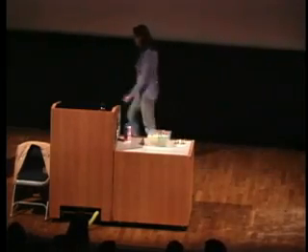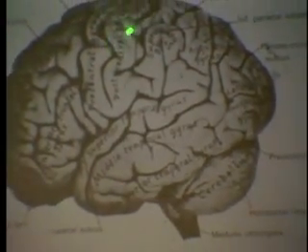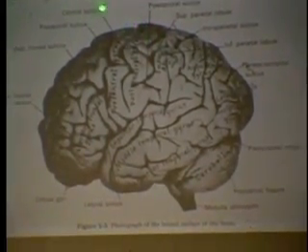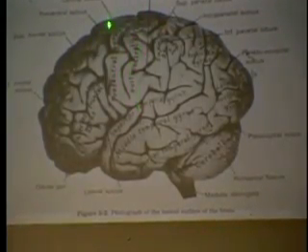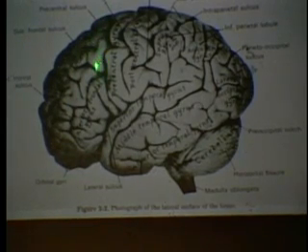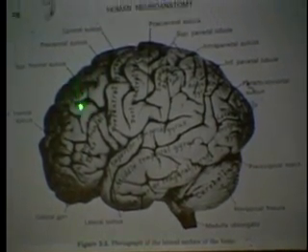All right, here's our cortex as we see it from the side. We'll have our central sulcus coming down here. Here's central sulcus, postcentral gyrus, precentral gyrus, and then we just gave the premotor area, and then the frontal eye fields here.